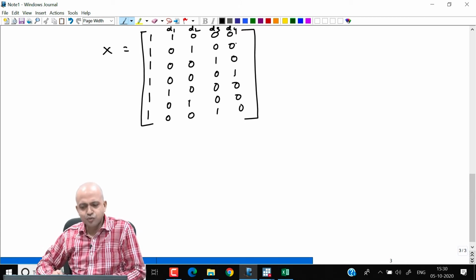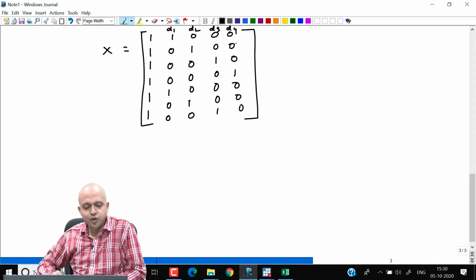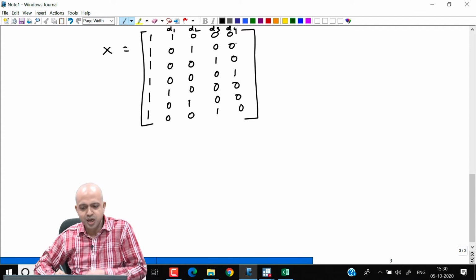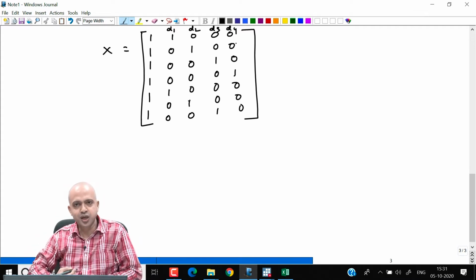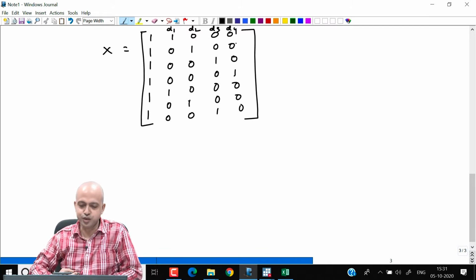Now, if you go back to the basics of matrix algebra, any of these columns can be transformed by a simple linear transformation.